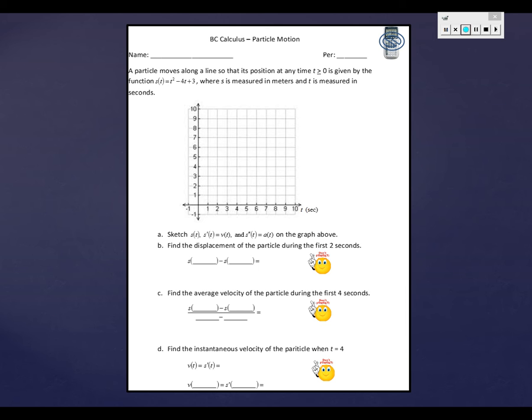Some of you are having trouble maybe just with the algebra 1 skill of graphing that parabola, right? I think it factors nicely, doesn't it? It does. So that would help you find the 2 zeros at least. You know the y-intercept right away too, don't you? So that's 3 points right away you have on the graph. 4 points if you use the symmetry, right?